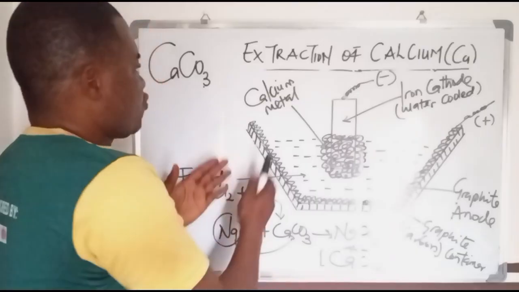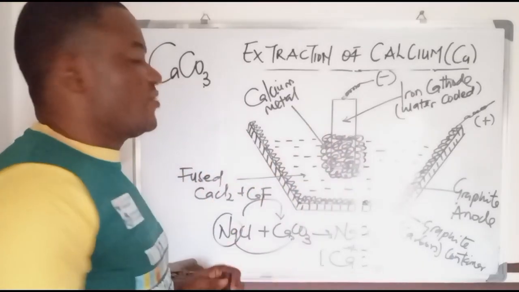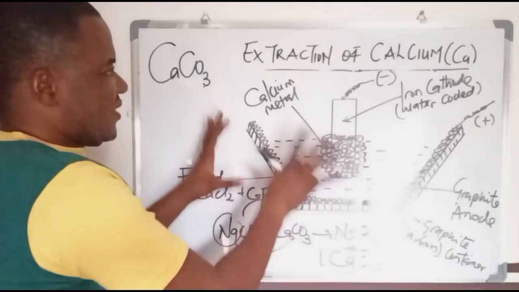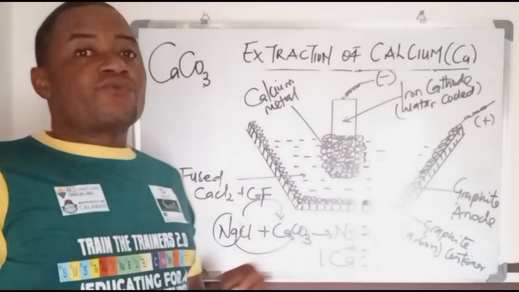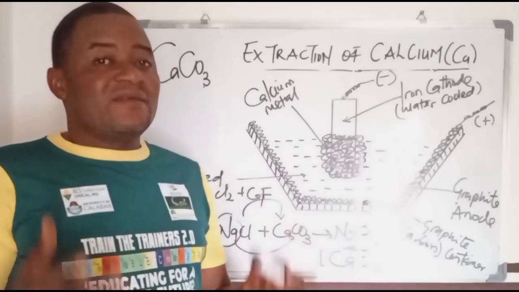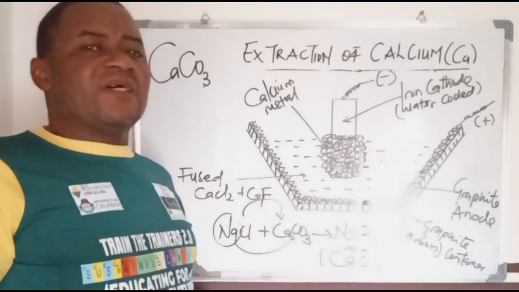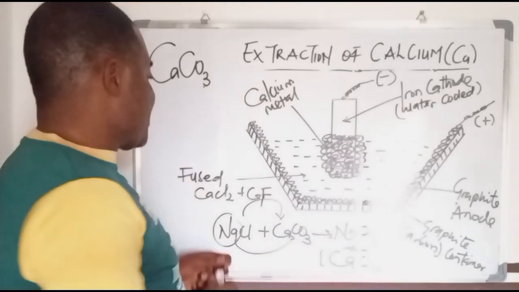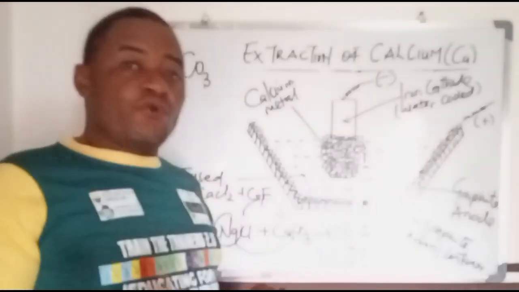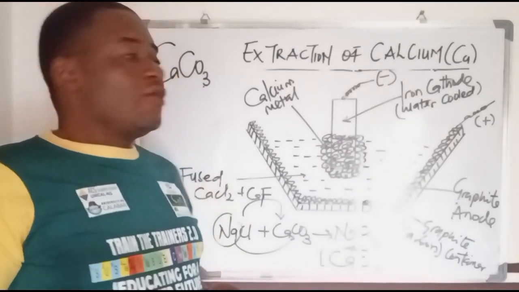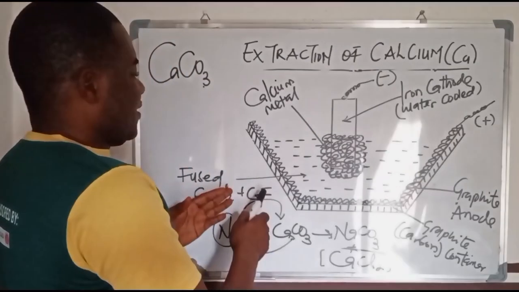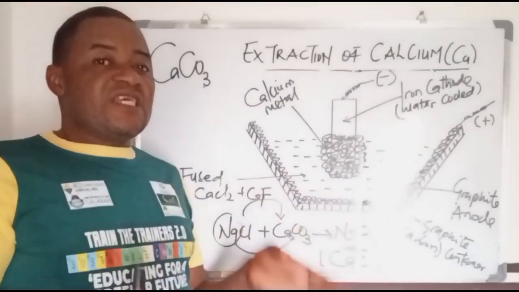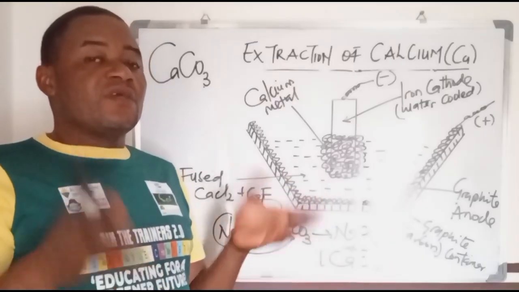Remember that this cell process usually runs at a high temperature, about 700 or so degrees Celsius, and the presence of calcium fluoride is to lower the melting point of the entire mixture.